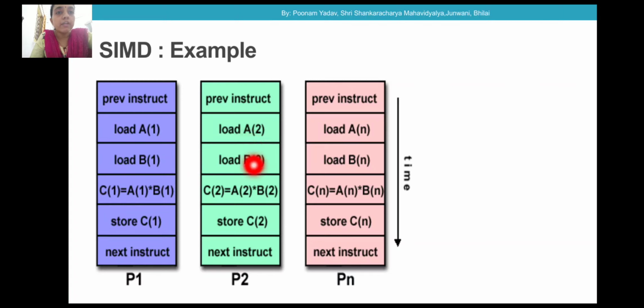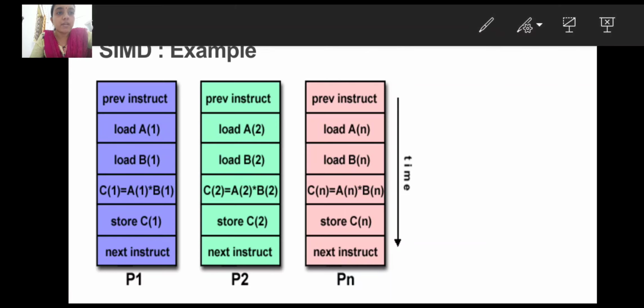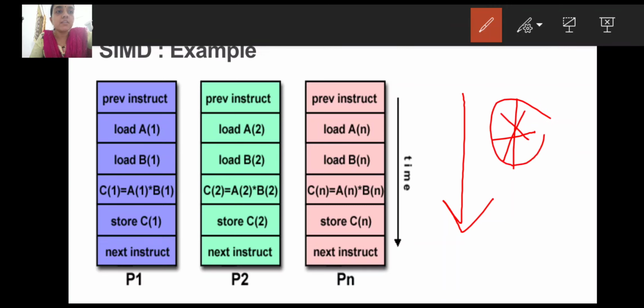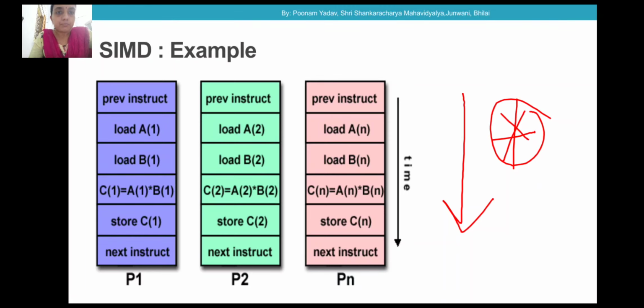Again load A2 and B2, multiplication is performed and stored in C2. Then again load AN and BN and multiplication is performed. So for this particular unit of time, we can see that only one instruction, multiplication, is performed, but on different data sets. In this way SIMD will work.